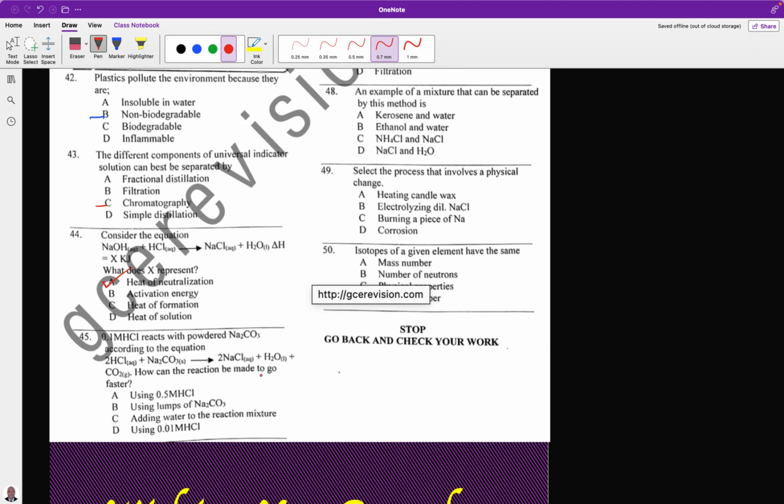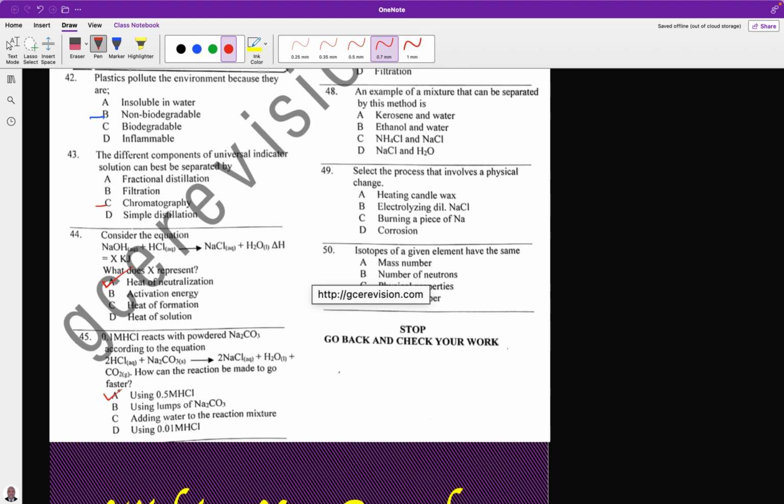The only way is by increasing the concentration of hydrochloric acid, and the only increased concentration here is using 0.5 molar hydrochloric acid. So A is the right answer for 45.